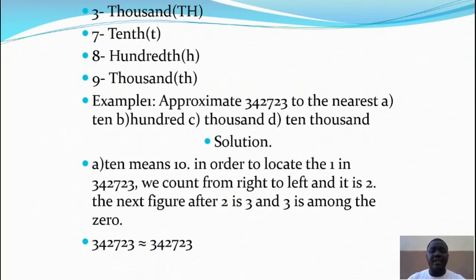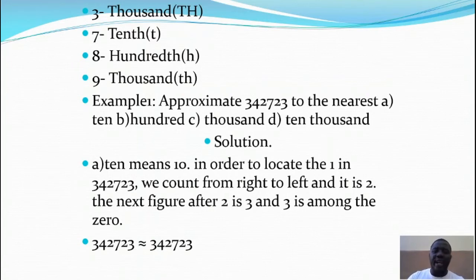So look at this example. They said approximate 342,723 to the nearest A, 10, B, 100, C, 1,000, D, 10,000. So if you look at your required figure from this number, 342,723, the 2 now becomes the required 10.